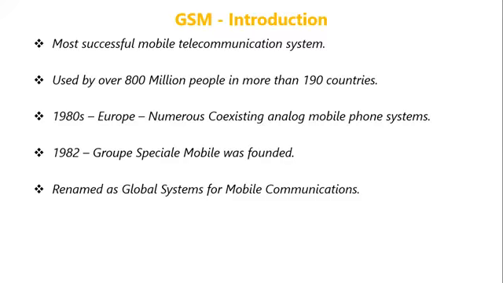At the same time, UMTS, Universal Mobile Telecommunication System, was also trying to standardize mobile phone communication throughout the world. So they also formed a group, called 3GPP, Third Generation Partnership Project, and GSM was transferred to 3GPP.